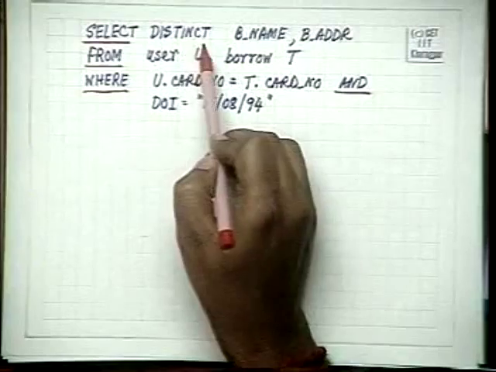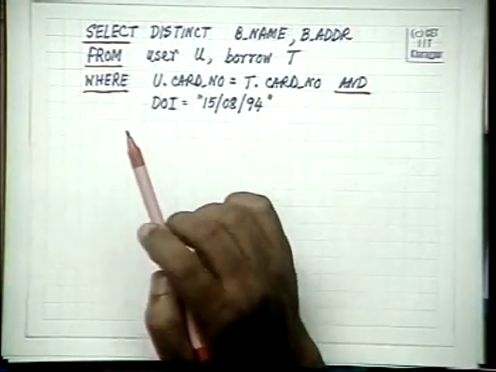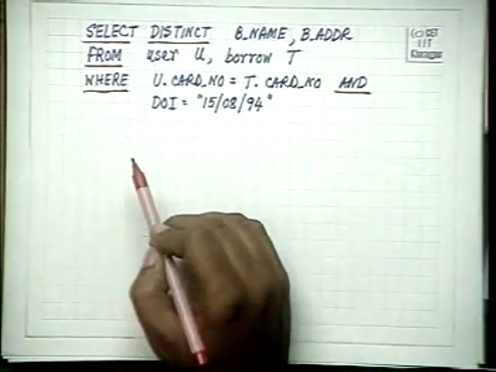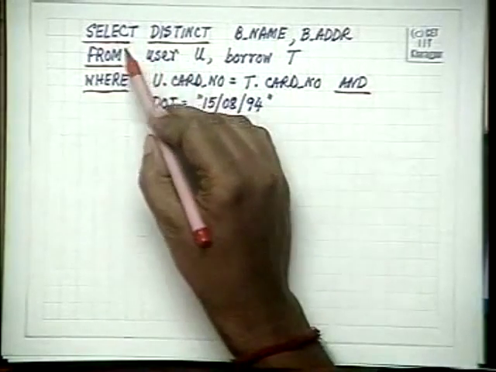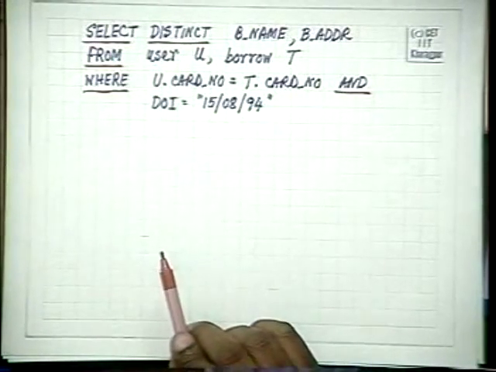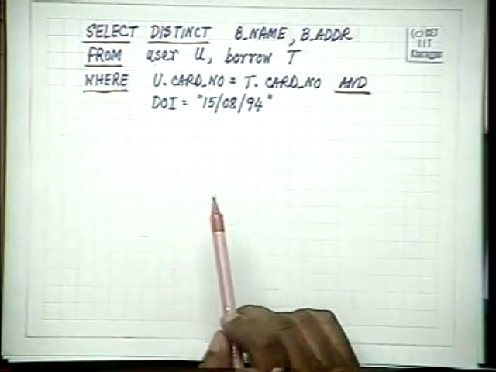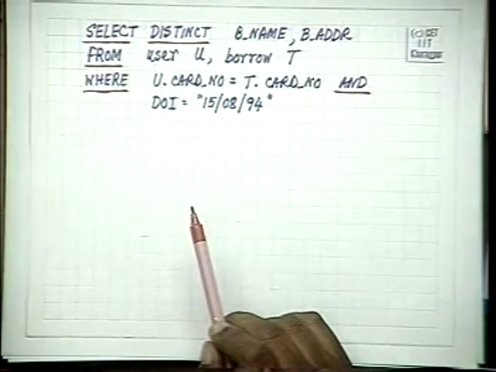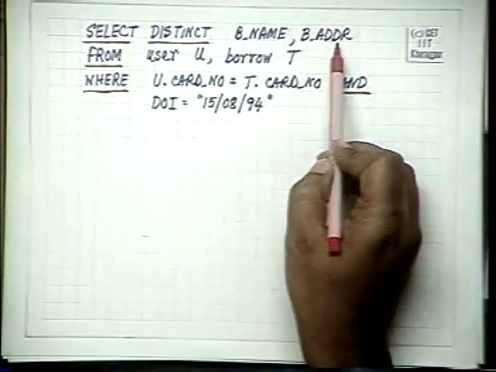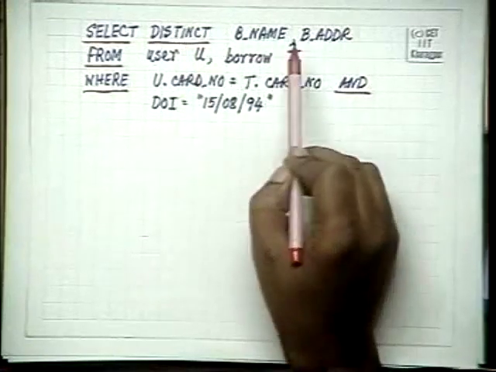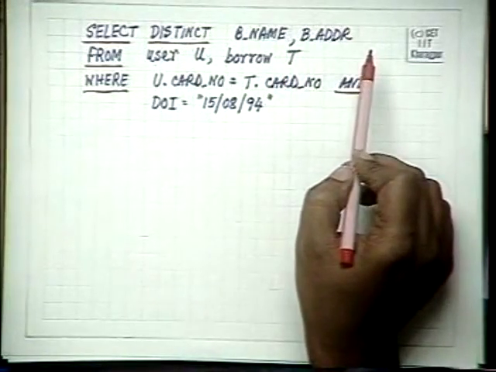Distinct was not required in the last. I'll just put in distinct; in most cases, by default, it is select all. The default usually is select all, and therefore, if you want only the set of distinct names and addresses to come out, you write distinct. Now, if a person has two addresses, then two will come out even in distinct: same name and two addresses.